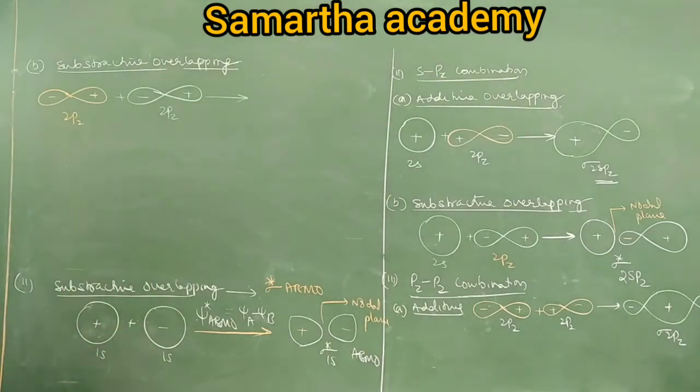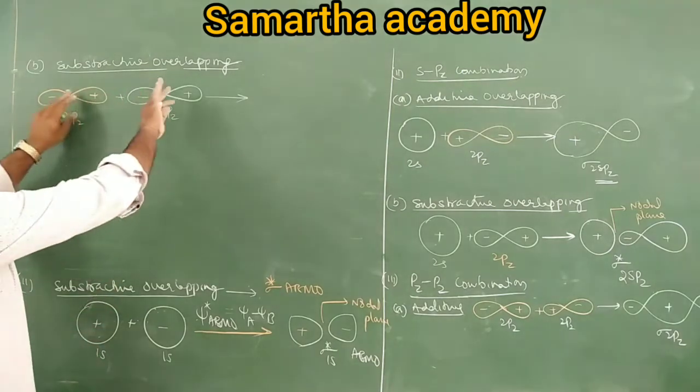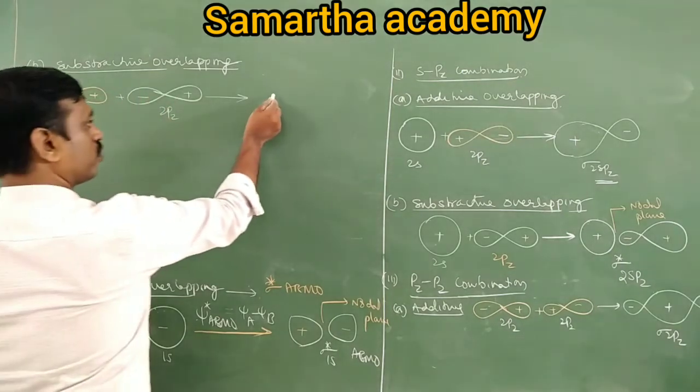Come on, tell me. So it is a positive wave function, negative wave function. So do they exactly intermix? No, they actually repel, right? Due to repulsion, what happened?